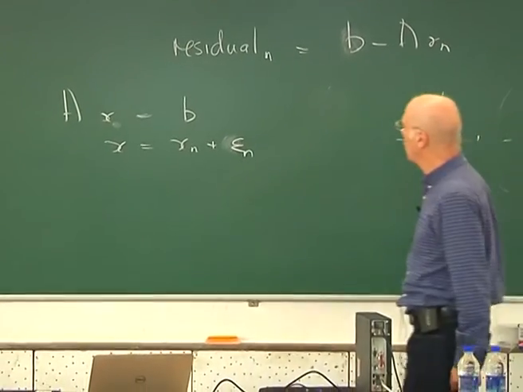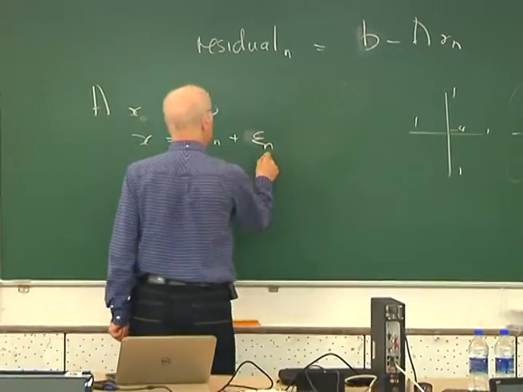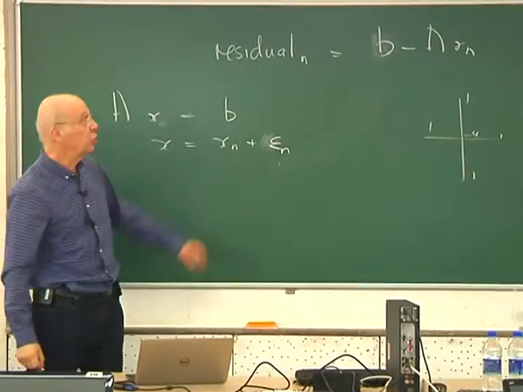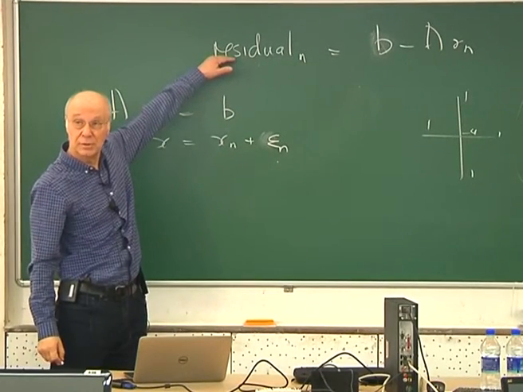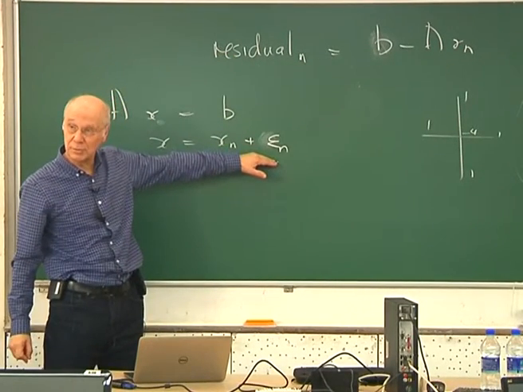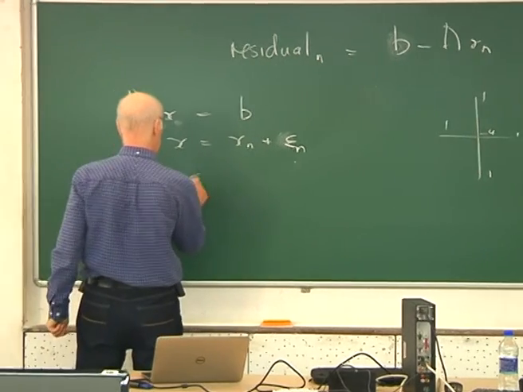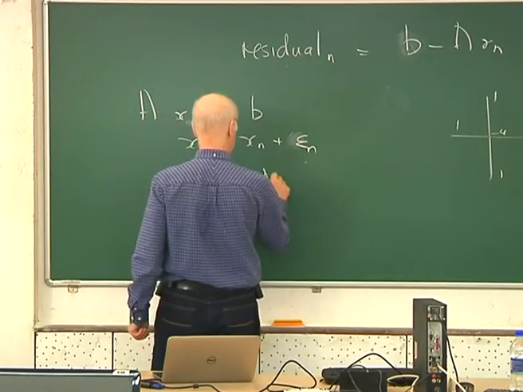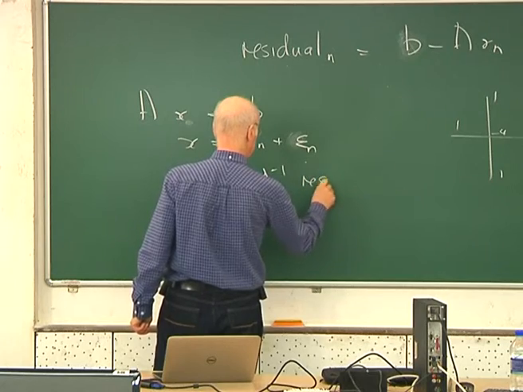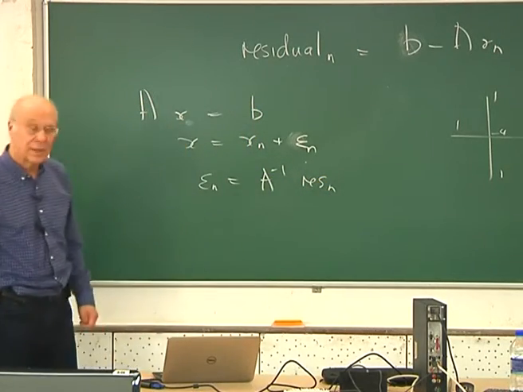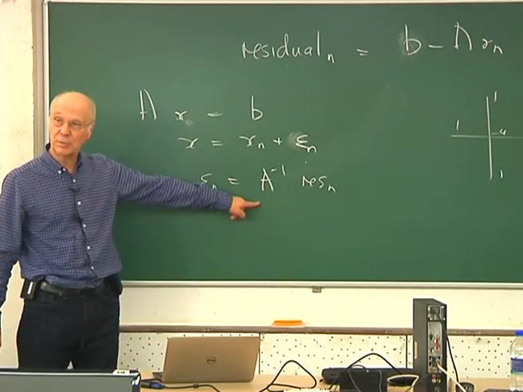The question is, what is the relationship between the two? You want to stop converging when the residual is small. And the error e_n is A inverse times the residual r_n. So do you know the size of that operator?